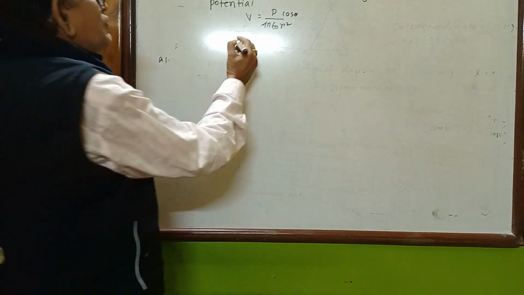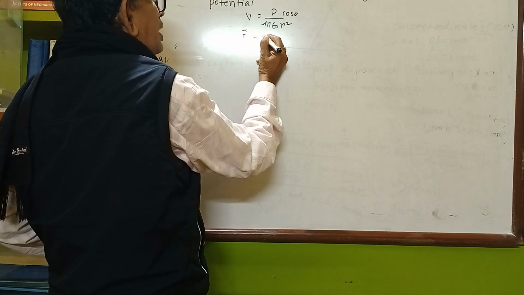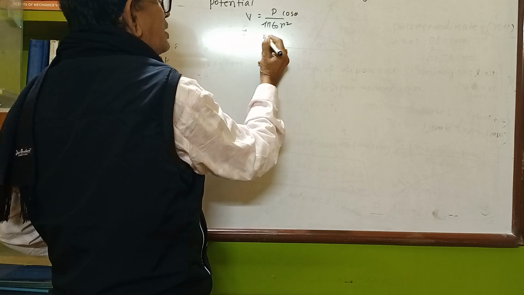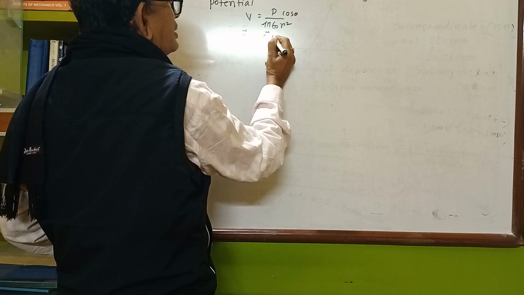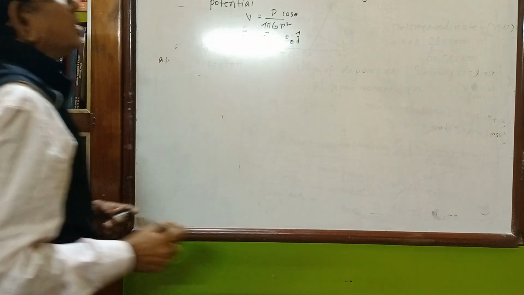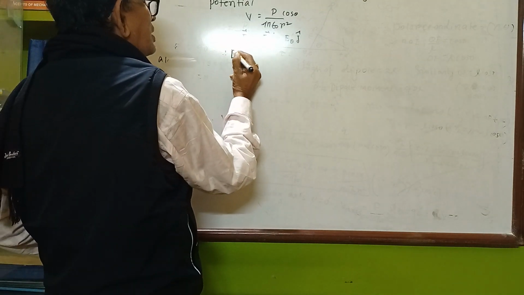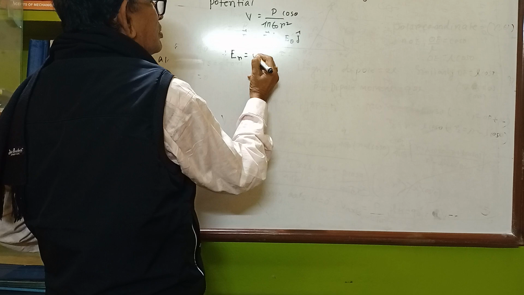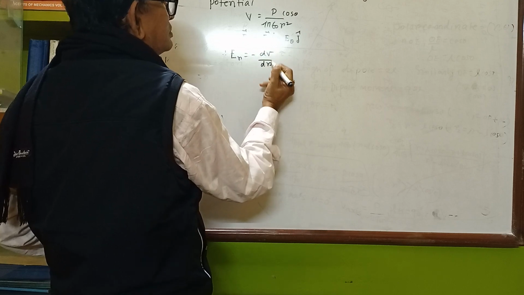You know the electric field E has a component along the axis, that is E_r, and along the perpendicular, that is E_theta. So E_r equals minus dV by dr. You calculate dV by dr. Clear?